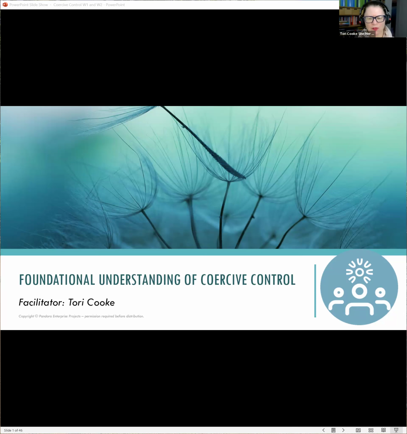But there's something else that's going on here. And I'm going to refer to Biderman's chart of coercion. We've only got a short amount of time, so I'm not going to go too much into depth here. But one of the things that Biderman talks about that not many others talk about in relation to coercive control is the monopolization of perception.